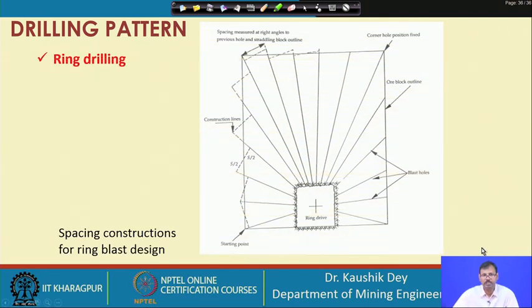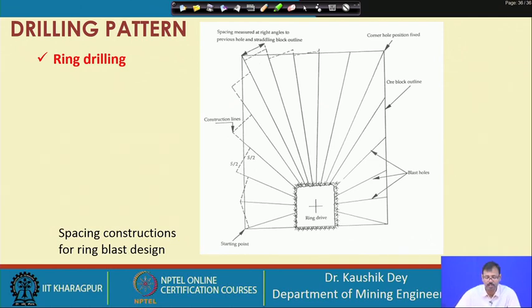Ring drilling is not basically a cut drilling, but ring drilling is often practiced in the stoping of mines, especially sublevel stoping, and in the VCR method also. In those cases, and in the blasting gallery method also, ring hole drilling is carried out.